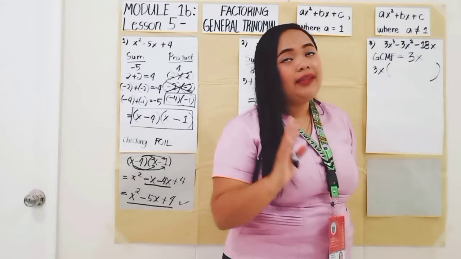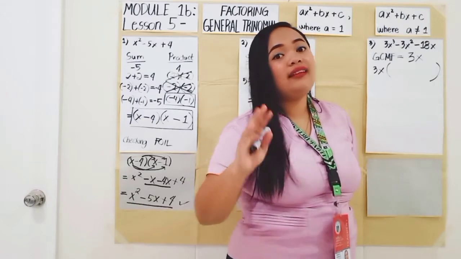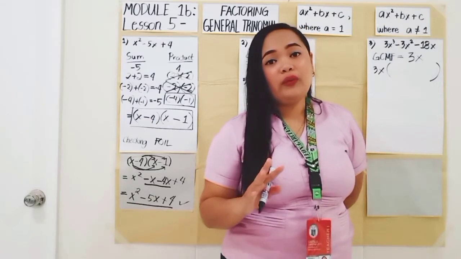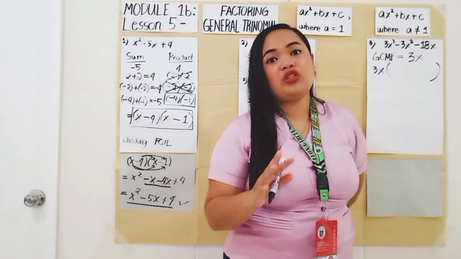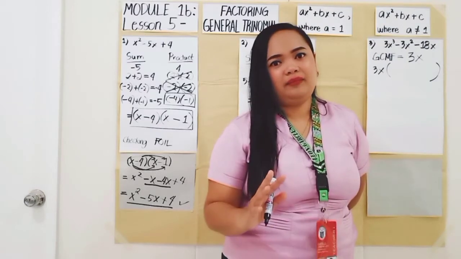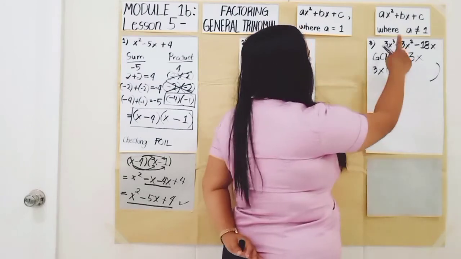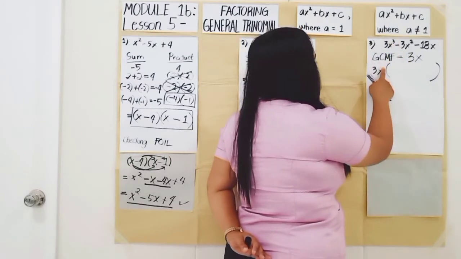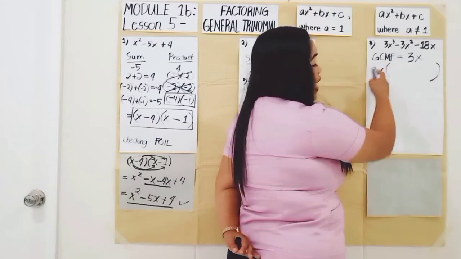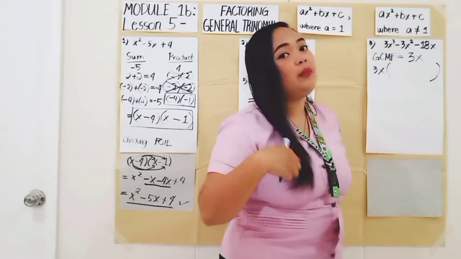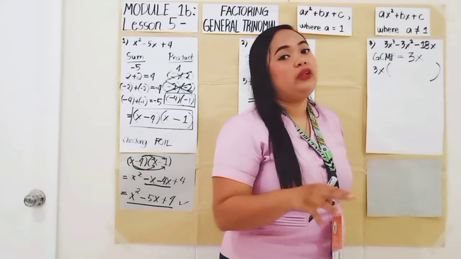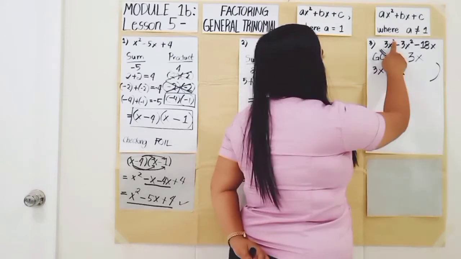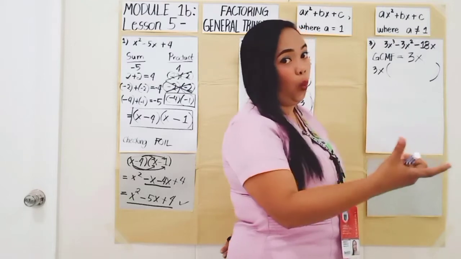Ang sabi ni law of exponents, if you are dividing the exponents, you are going to do subtraction of exponent. Okay? So, isubtract natin si 3 and si 1. Obviously, may 1 dyan. Okay? Pero in mathematics, kung walang nakalagay dyan na number, that is equal to 1. Okay? So, 3 minus 1 is 2.